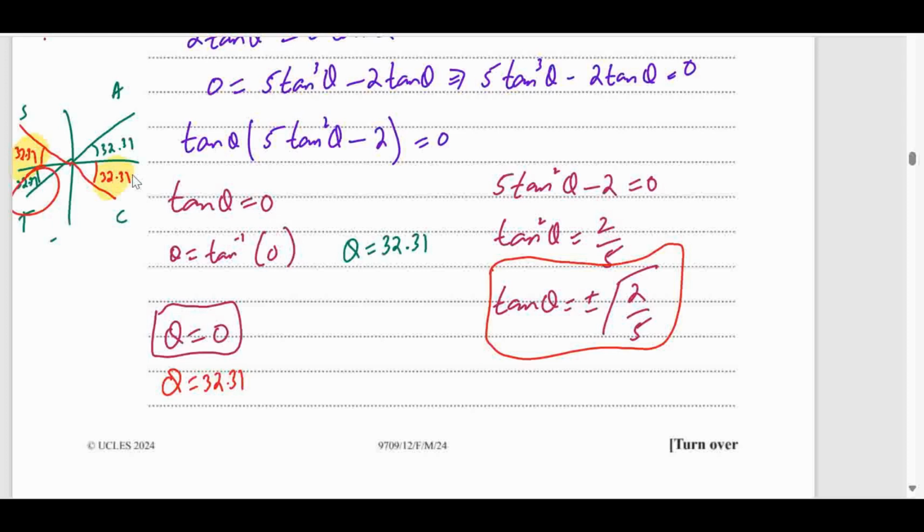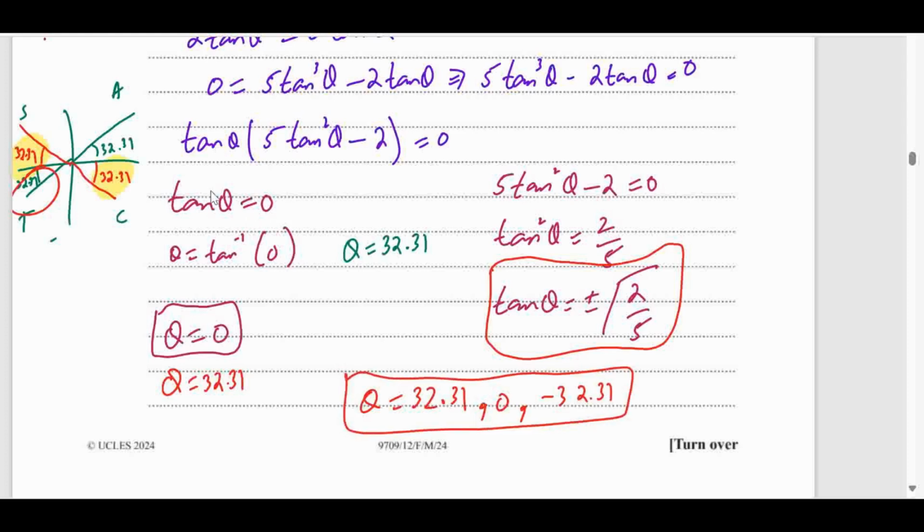So we will consider this one only. So that is why this will be the final answer, that theta will be equal to 32.31, then 0 degrees, and then minus 32.31. Be very careful about this thing, that for the negative direction we need to move clockwise. So this will be the final answer.